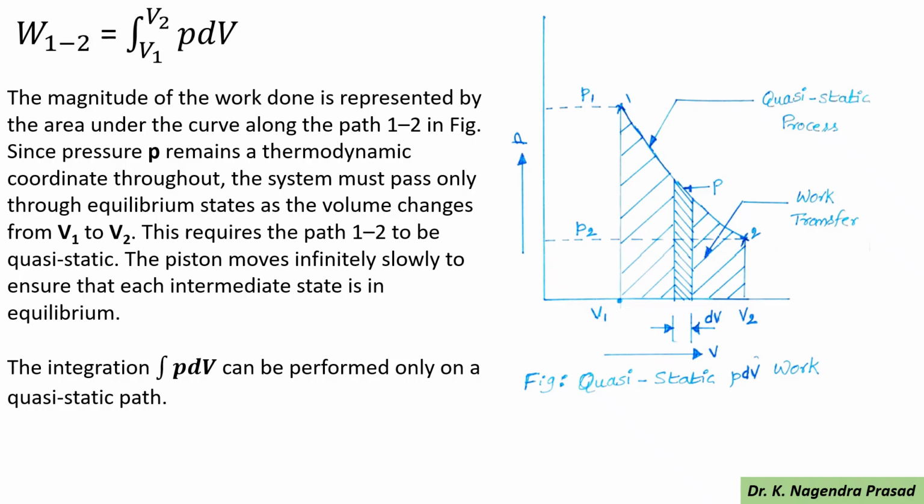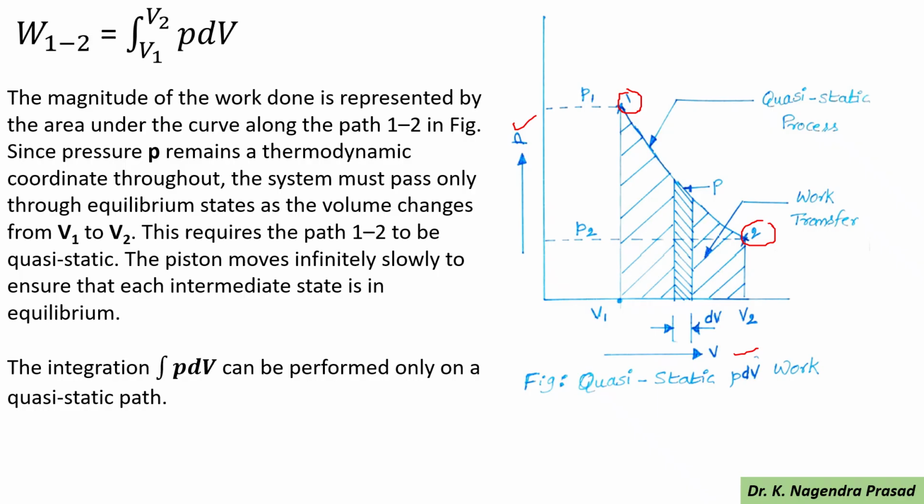Volume is on the horizontal axis and pressure is on the vertical axis, and the piston moves from state 1 to state 2.